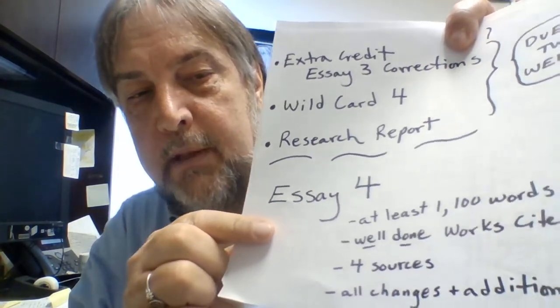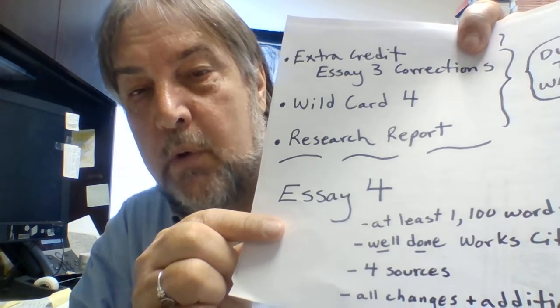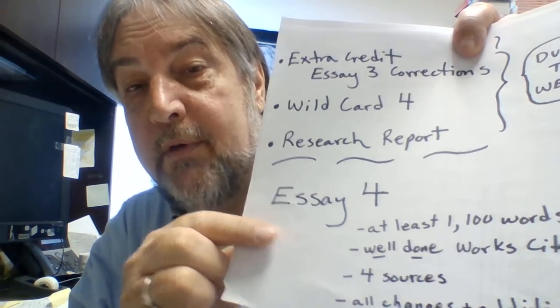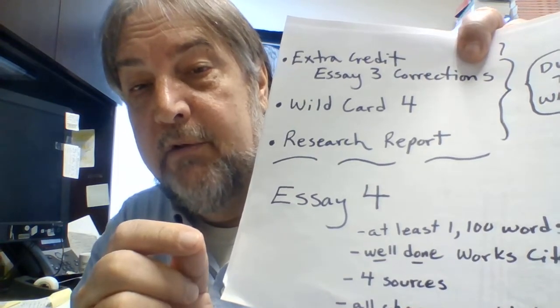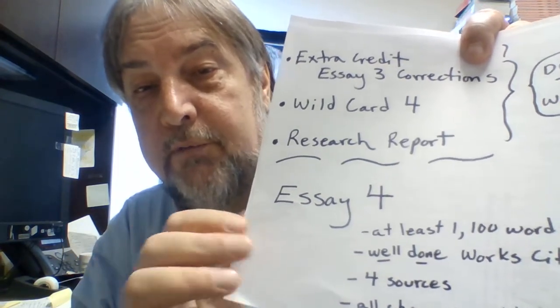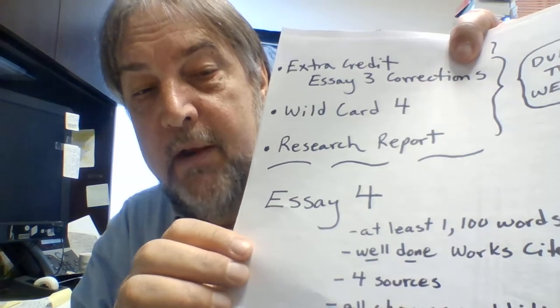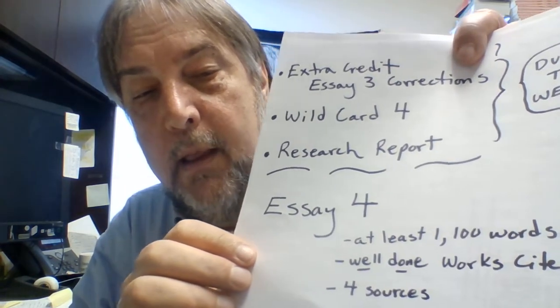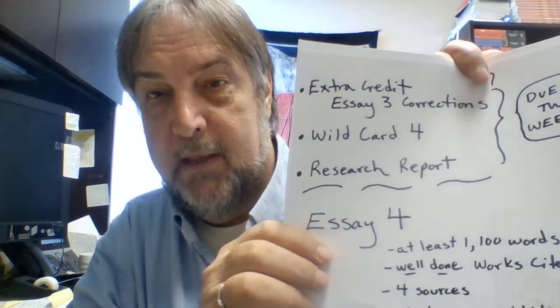It needs to be 1,100 words. So that's going to be at least 1,000 words, not counting the works cited page, which is usually 100 or so words there. And you'll also need a well-done works cited page.